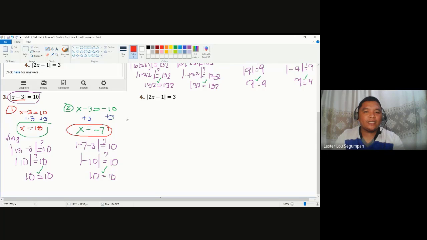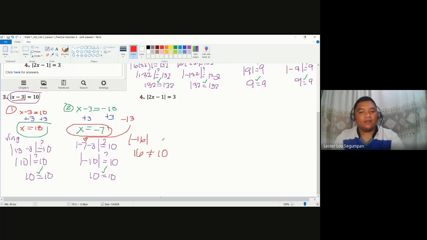If some of you still stick with negative 13, when you substitute it here, negative 13 minus 3 is actually negative 16. The absolute value of that is 16 and will not be equal to the right hand side, which is 10. This is another proof that you really need to review your integers, because if you come up with negative 13 and declare your solution set without checking, everything will be incorrect.